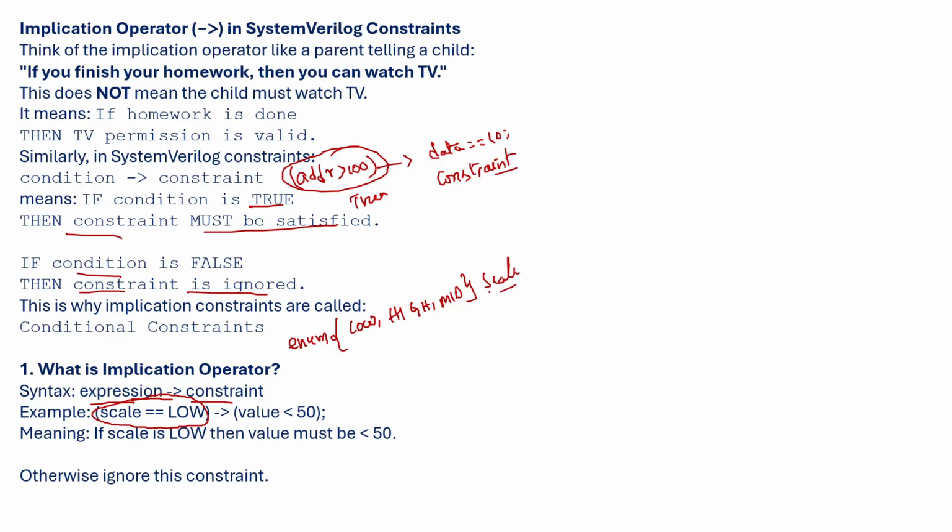If the scale value is low, then only my data value should be less than 50. I will get the address value less than 50. Otherwise, other values I will be getting at the output side. So that is the implication operator constraint.